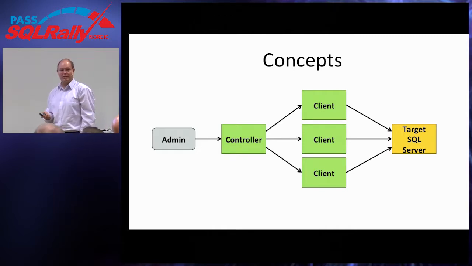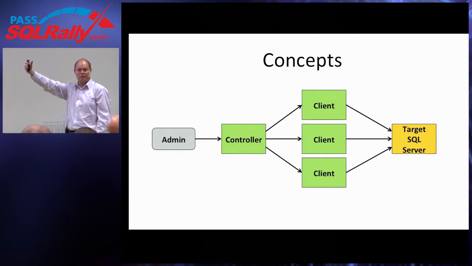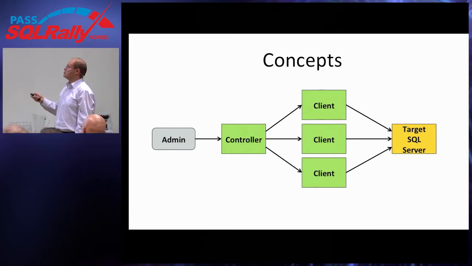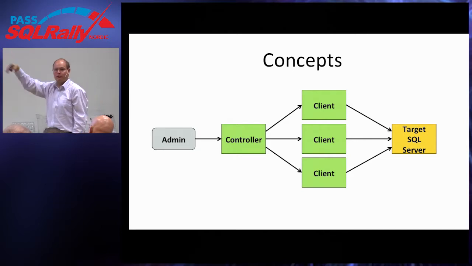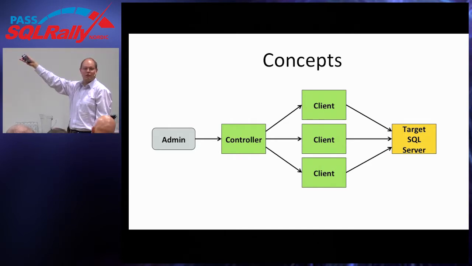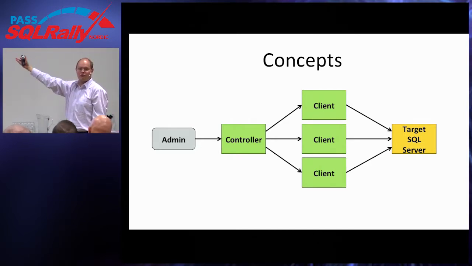When the various clients have received their workload, the controller starts the replaying itself and just coordinates the various clients, and the various clients are just submitting the queries in the right order with the right timing to the target SQL Server. In our case, to a SQL Server on a different instance. I'm just faking here a test system. Okay?